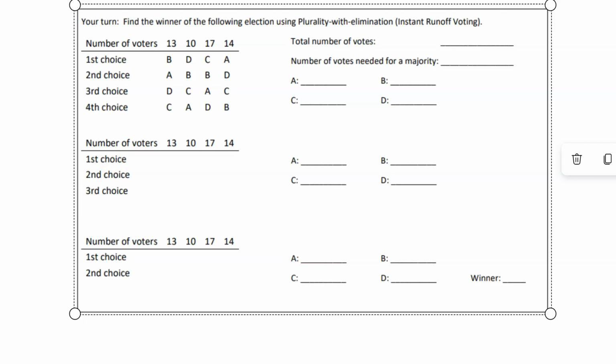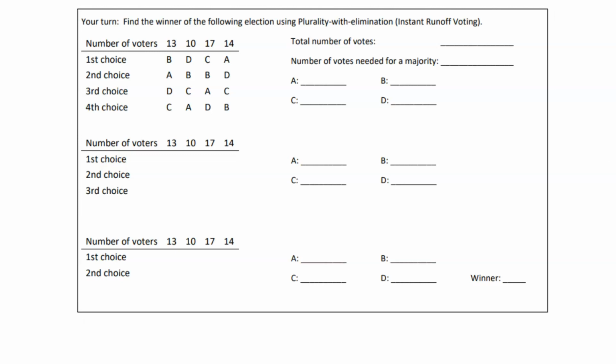What you should get: the total number of votes, 54. The number of votes needed for a majority, 28. The first round, 14, 17, 13, 10.